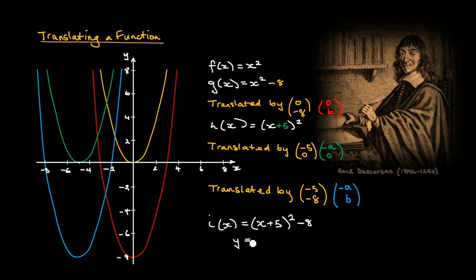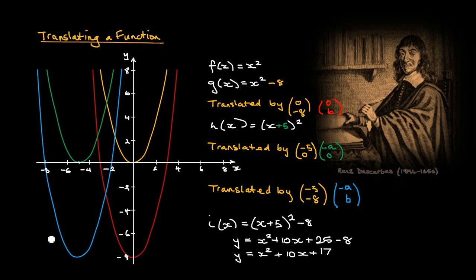And if I wanted, I could now write this as y equals x plus 5 squared. Well, that's going to be x squared plus 5x plus 5x, so 10x, 5 times 5, 25, minus 8, give me a final expression of y equals x squared plus 10x, 25 minus 8 is going to be plus 17.